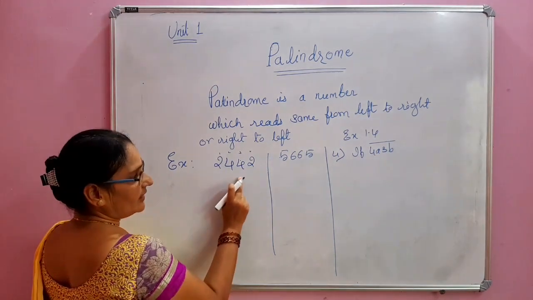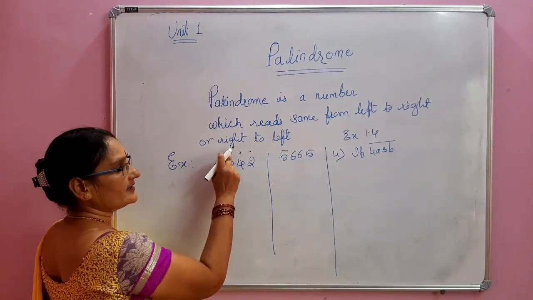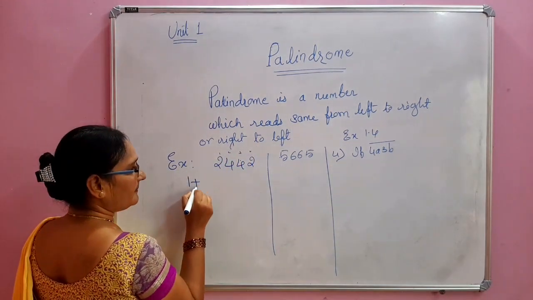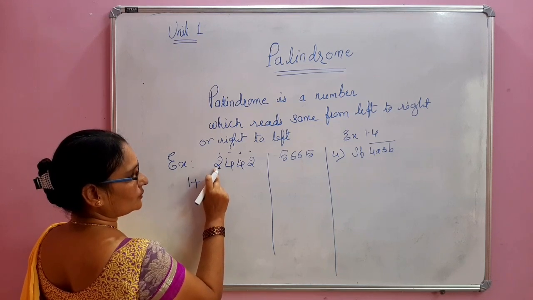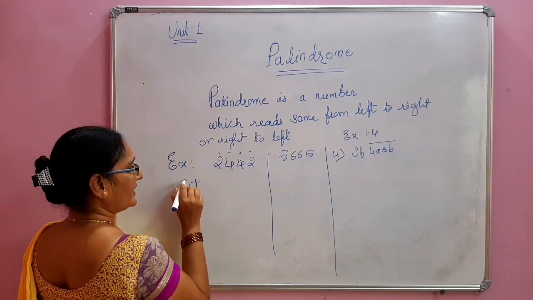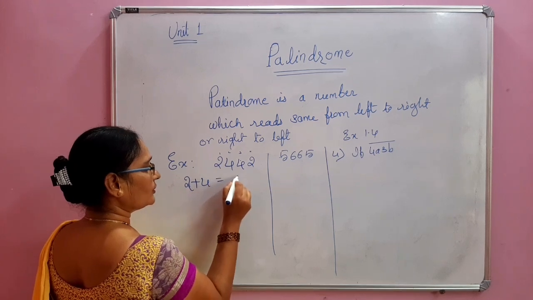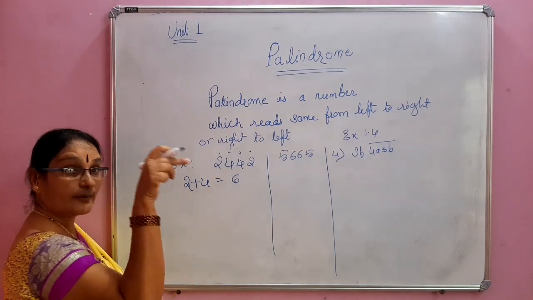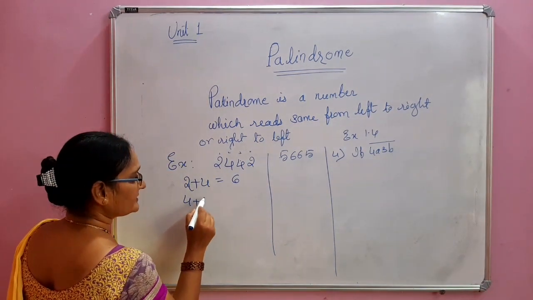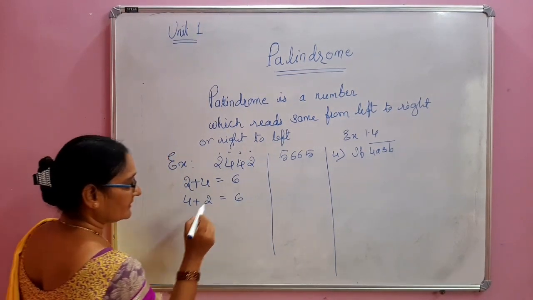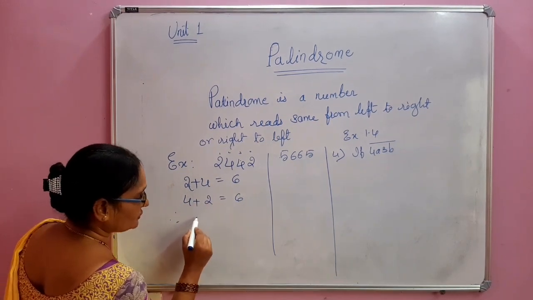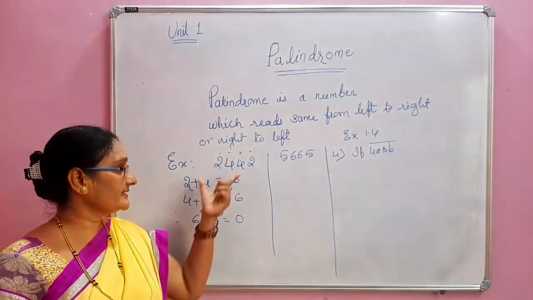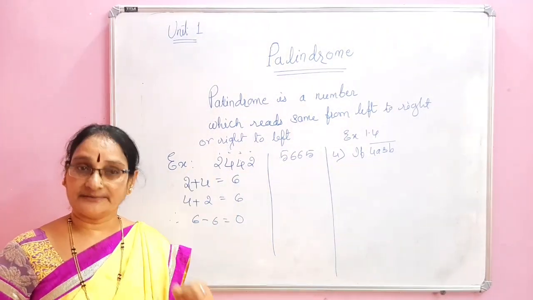First we have to find the sum of the oddly placed digits and the sum of the evenly placed digits. 2 plus 4 is equal to 6, these are oddly placed. The second and fourth digits are evenly placed, 4 plus 2, this is also 6. Therefore, the difference between these two, 6 minus 6, is 0. Definitely this number is divisible by 11.